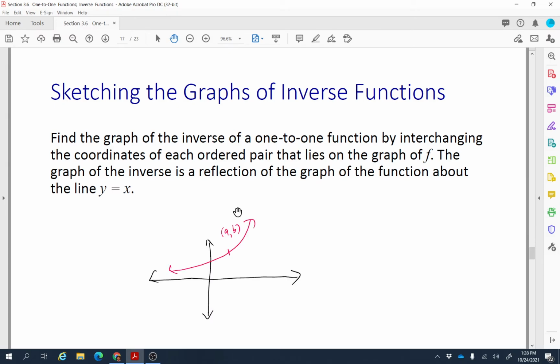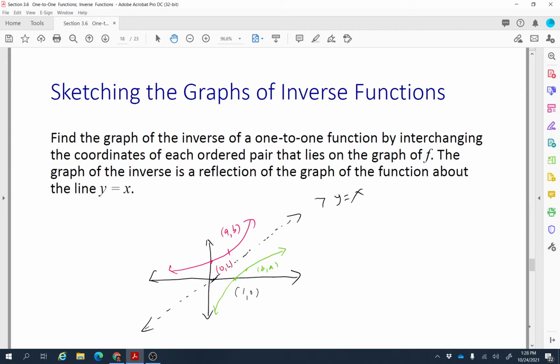So for example, let's say this is a graph you have given, and we know that this is a one-to-one function because no horizontal line intersects this graph more than once. So let's say this is your (0, 1). To find the graph of the inverse of this function, you just have to switch the x and y coordinates. So switching means this (a, b) becomes (b, a), this (0, 1) becomes (1, 0).